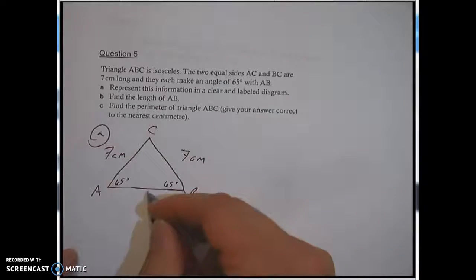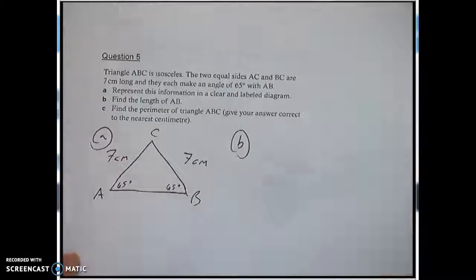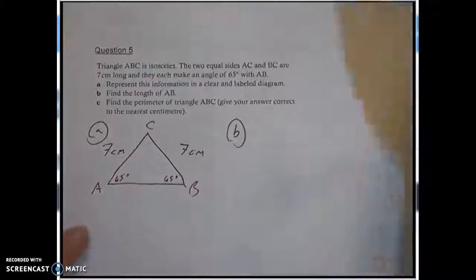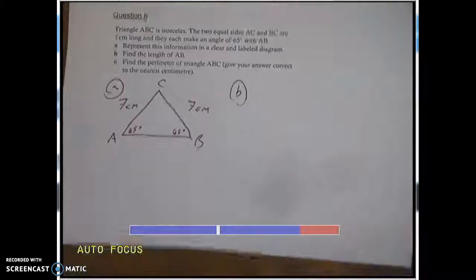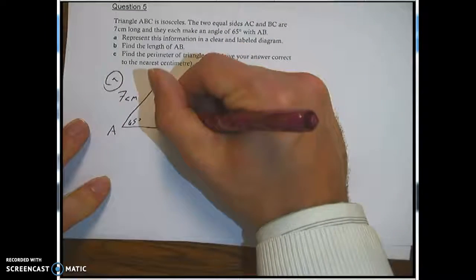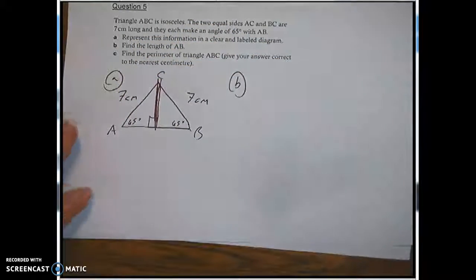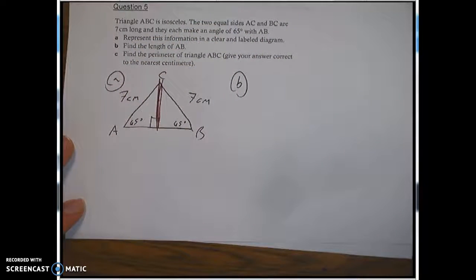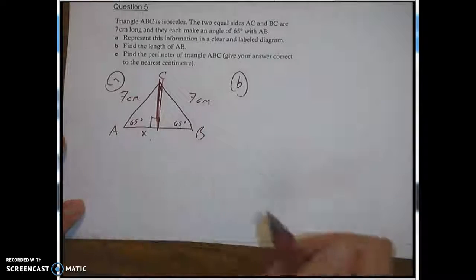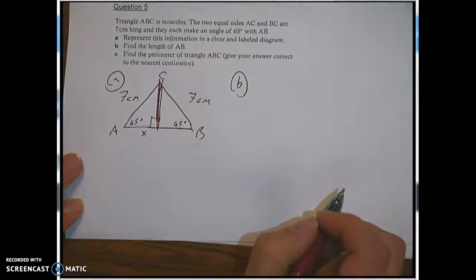We're supposed to find the length of AB, which may not be immediately apparent how to do. But if you split this isosceles triangle right in half, you create two right triangles. And what we could do is find this value of x right here using sine, cosine, and tangent, and then if we just double that value of x, we'll know the length of AB.